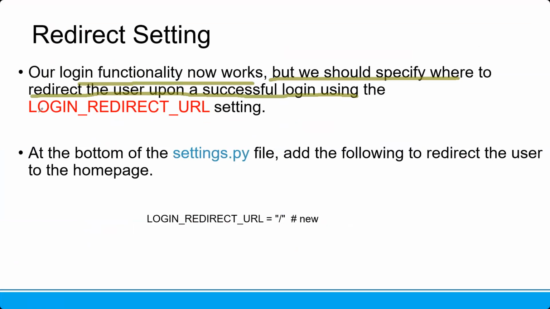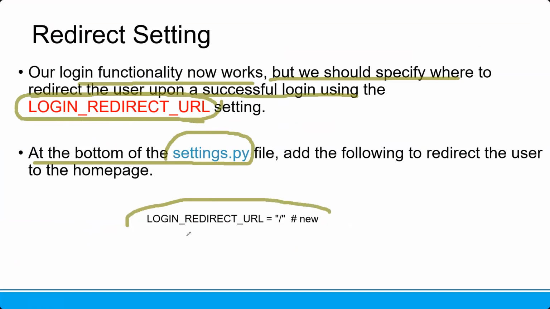So we need to specify the name LOGIN_REDIRECT_URL. If the login success, then you will go to one place. For example, here, let's just modify the settings.py, and then we can add this one. If the login success, let's go to the folder slash.